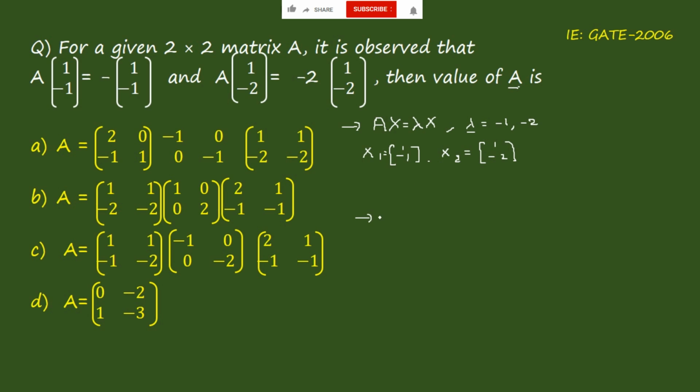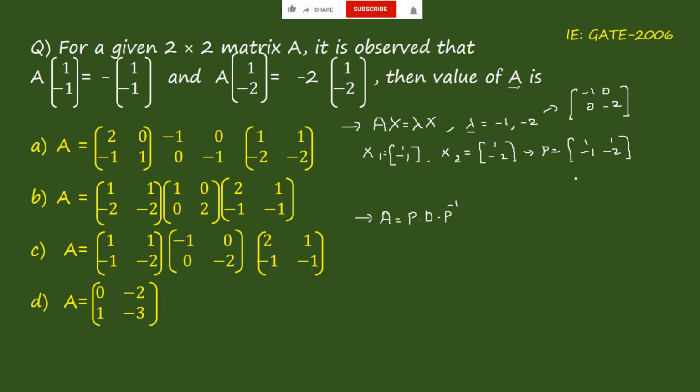The basic thing that we know is A is equal to P D P inverse, right? What is P? It's a combination of the eigenvectors, so P is equal to 1, 1, minus 1, minus 2. What is D? It is the diagonal elements, which are the eigenvalues, so it becomes minus 1, 0, 0, minus 2.